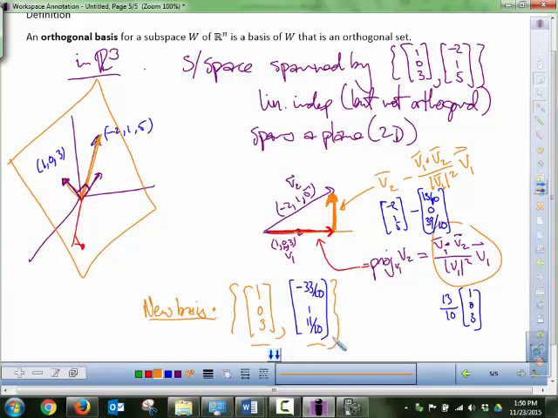So now I have a new set of basis vectors, and these two basis vectors are going to span the same plane, except now I have the added bonus that these two are orthogonal. Does that make sense? So now I have two perpendicular vectors that span the same plane, and we got it by doing the projection.